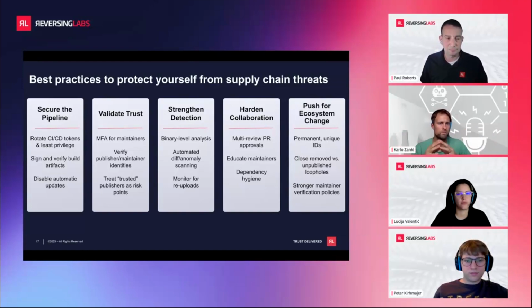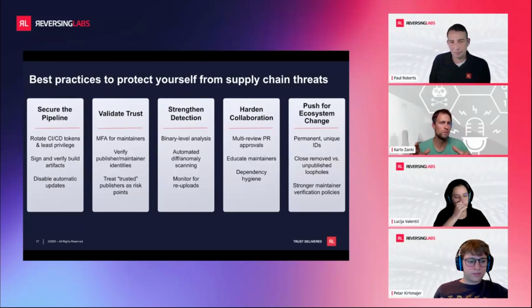So as you said, in the case of NPM and similar package repositories, disable auto updating of dependencies and perform security vetting of all dependencies. There is no more trusted publisher; that doesn't exist. Right.